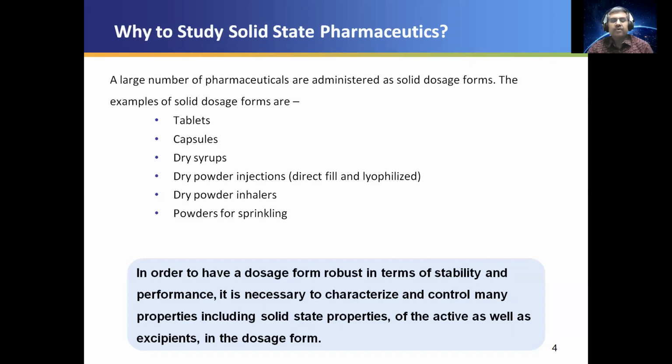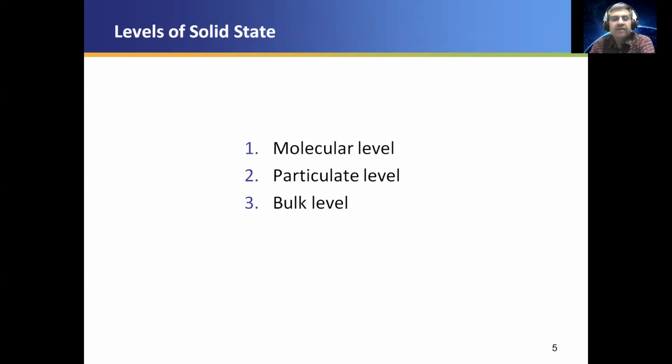If we want to develop robust products in terms of stability and performance, it is necessary to characterize and control many properties, including the solid state properties of the active as well as the excipients in the dosage form. This is where the significance of this coursework lies, that it helps us in understanding what properties are important for the stability and performance of solid dosage forms like tablets, capsules, etc., and how they can impact their overall behavior.